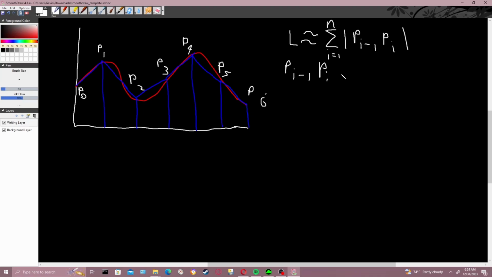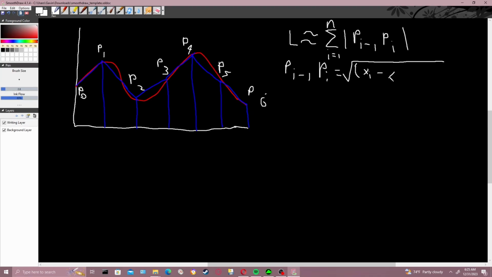P_{i-1} P_i is equal to the square root of the change in x squared plus the change in y squared, which we can write like so.